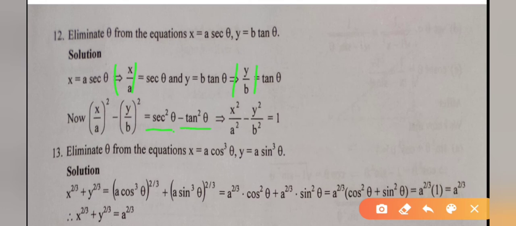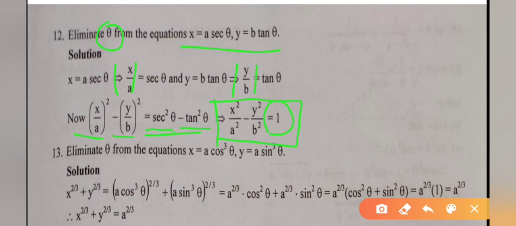Which implies x square by a square minus y square by b square equals sec square theta minus tan square theta, whose value is what? 1 only. Therefore, we eliminated successfully the angle theta from the equation x equals a sec theta and y equals b tan theta, with this form, that is x square by a square minus y square by b square equals 1.